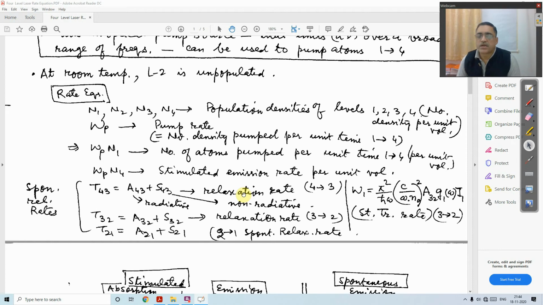So this part is usually negligible, and it is the relaxation rate, or you may say the rate of spontaneous transition. So spontaneous, as you know, it is a one-way process.